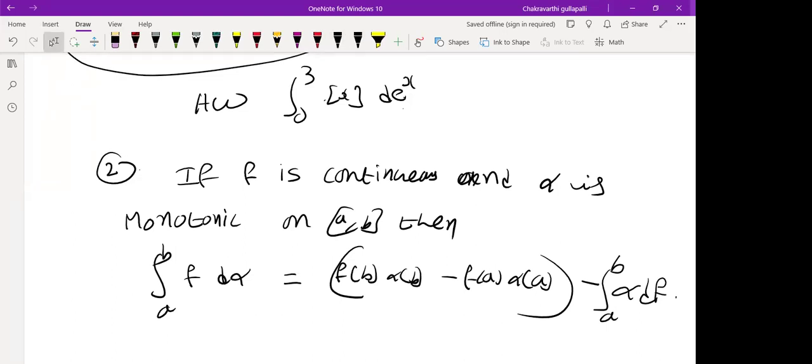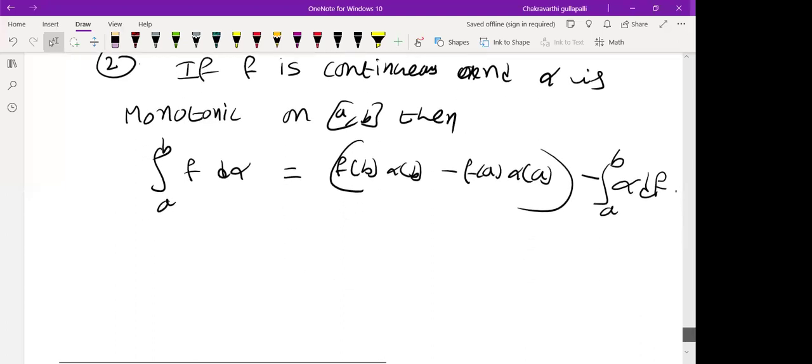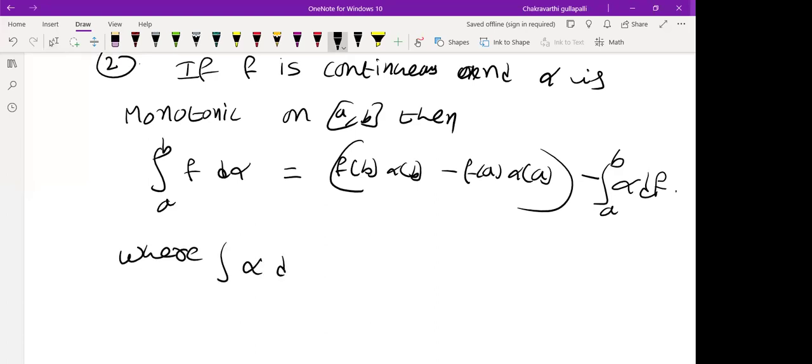Follow the previous formula. Alpha df means alpha and f roles got interchanged. Where alpha df means, apply the formula: alpha x, and d alpha means f dash x dx. Differentiate as in the previous theorem.